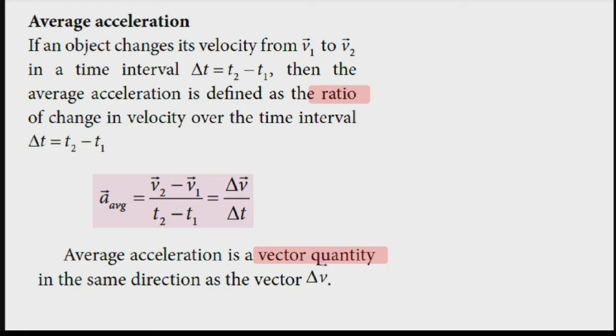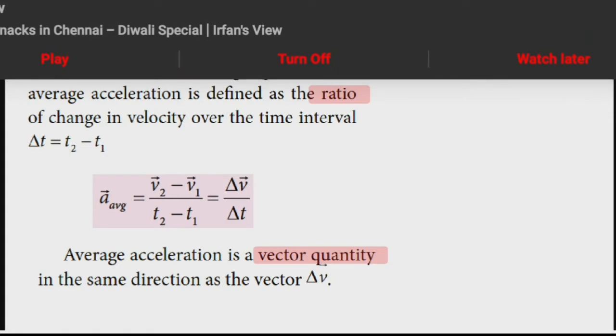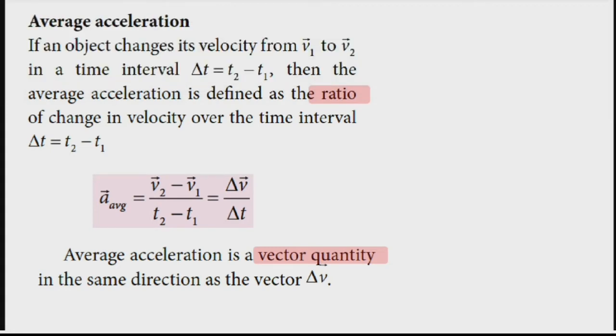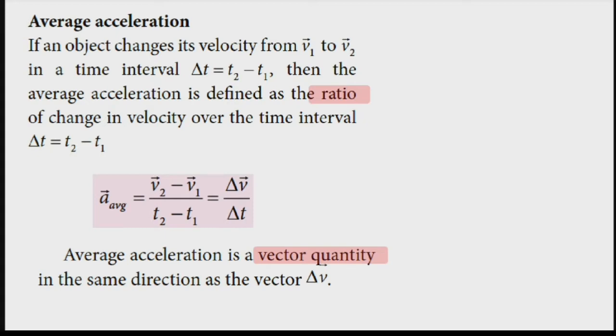So average acceleration is equal to v2 minus v1 by t2 minus t1, which is equal to delta v vector by delta t. So the average acceleration is a vector quantity in the same direction as the vector delta v.